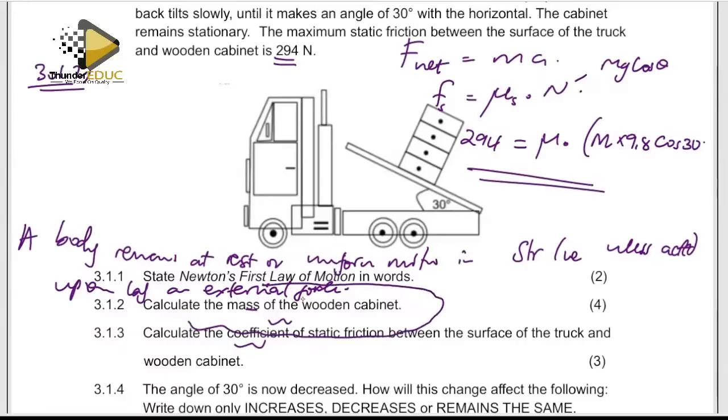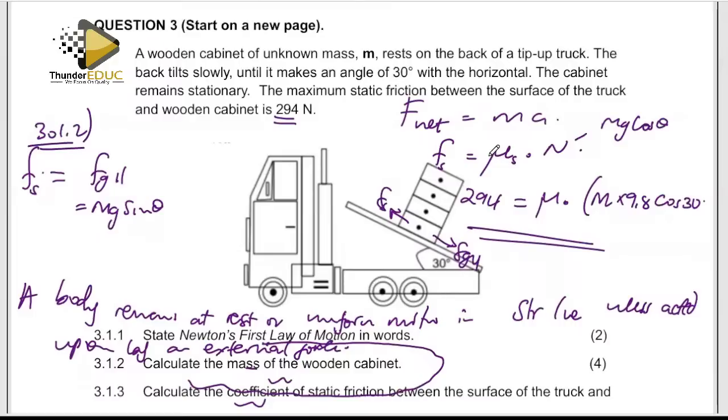With this mass, for maximum, Fs maximum should be equivalent to Fg parallel. For it not to slide, the friction is upwards and the Fg parallel is down. The two must be equal, so this one is mg sine of 30. Do we know the size of m?